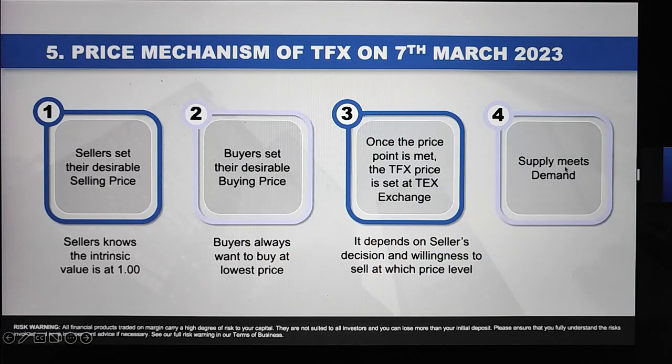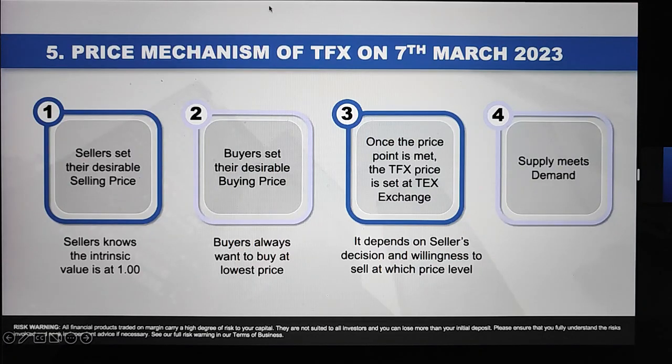At the end of the day, supply meets demand. So the price on the 7th of March very much depends on the sellers' decision and willingness to sell at which price level. It all comes down to the sellers who control the price. The decision is in the sellers' hands.